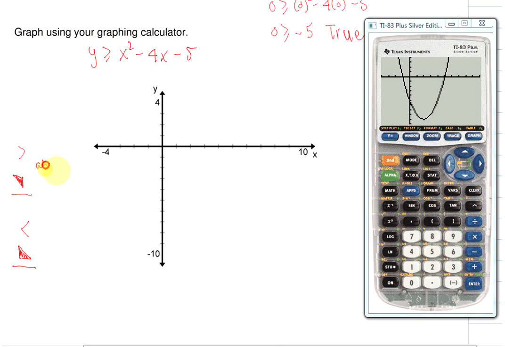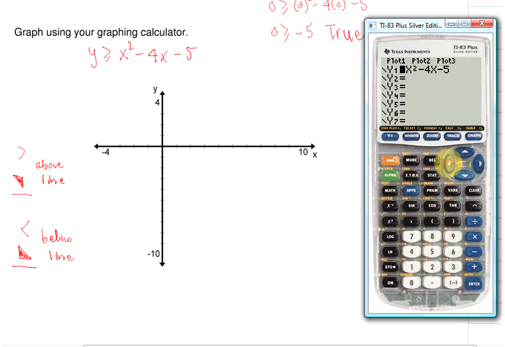So this is above the line and this is below the line. So we go back to our y equals and we go left arrow and we enter until we get the one that reads above the line. So that would be this one, and we graph and you get this.